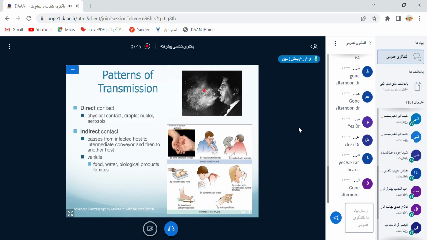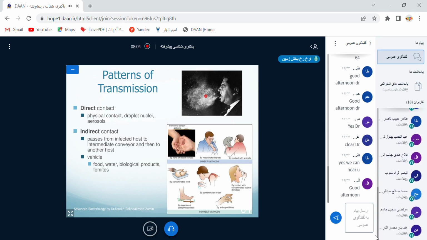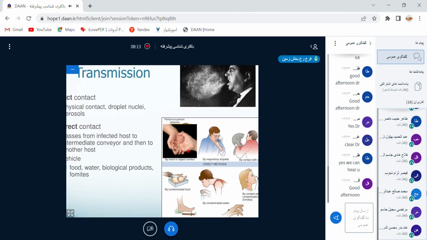It is droplets by coughing, sneezing. Many microbes can go out from the respiratory tract of one infected person and transmit to another sensitive one. So aerosol, droplets, physical contact.